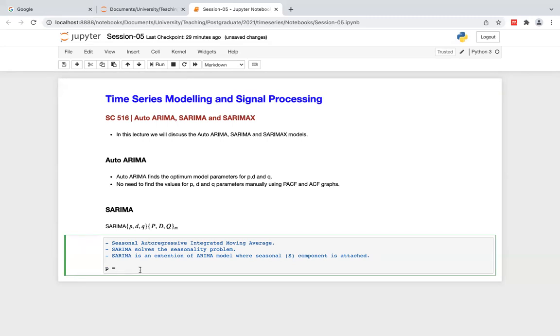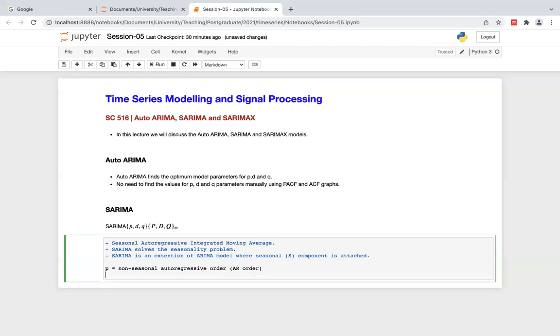Then as I say, P, D, and Q are actually non-seasonal. This is P for the autoregressive part, right? Autoregressive order, AR order, simply AR order, right? Then what would be the second parameter D? It would be non-seasonal differencing, right?